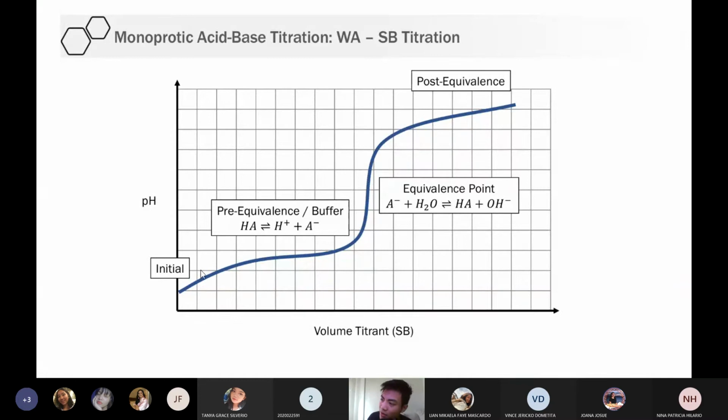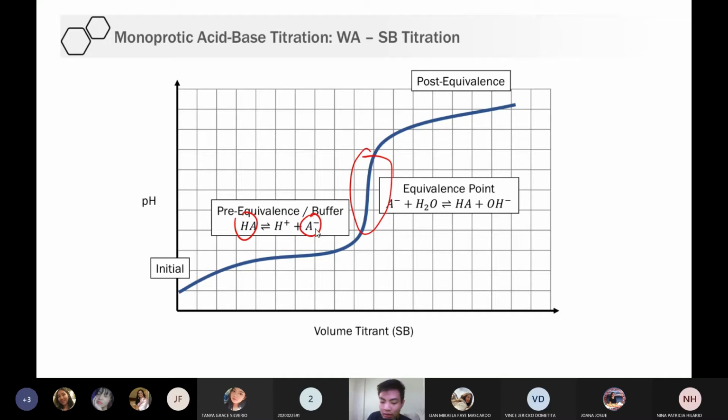Okay? So, yun, again, may bump yan. The bump tells us na meron tayong buffer system. Because this is an equation, we have HA and A minus present. The A minus is present because you are adding titrant. However, at this point, we have the equivalence point. Ano nangyayari?